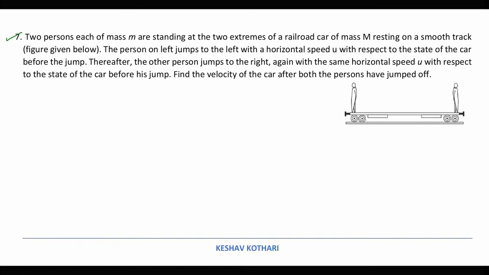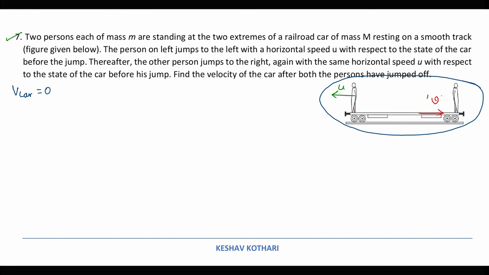If we begin with this problem, we are beginning with the initial state that is given to us. In this state, the velocity of the car is 0, and the man on the left jumps towards the left with a speed u, as a result of which the system will recoil with a speed v.